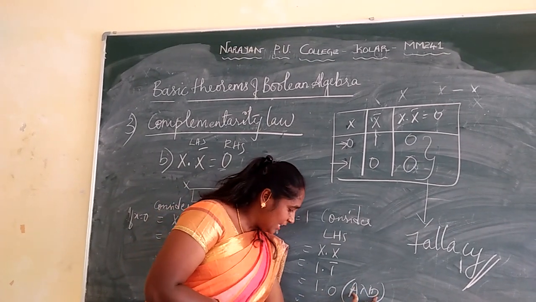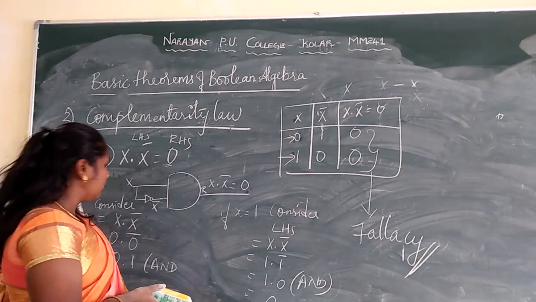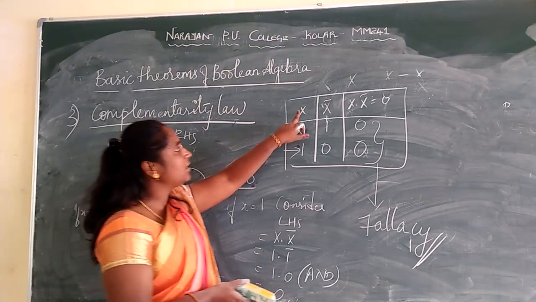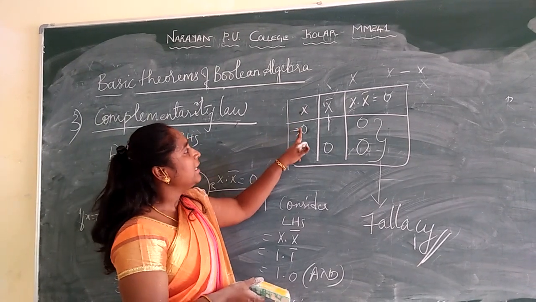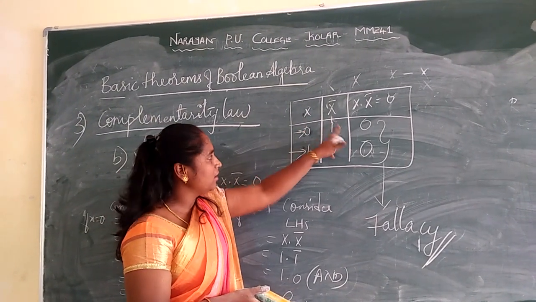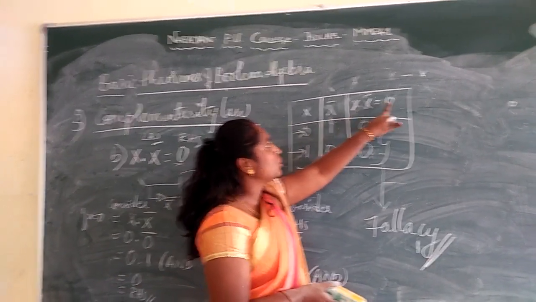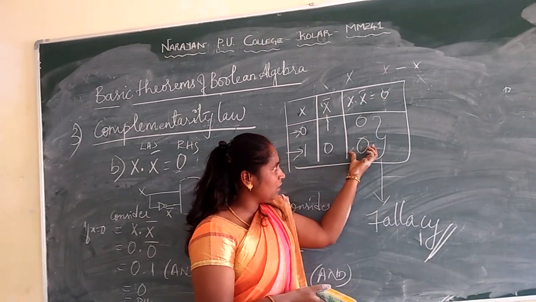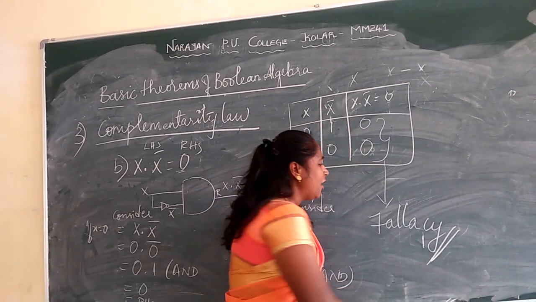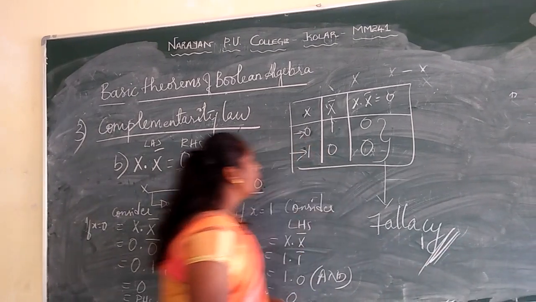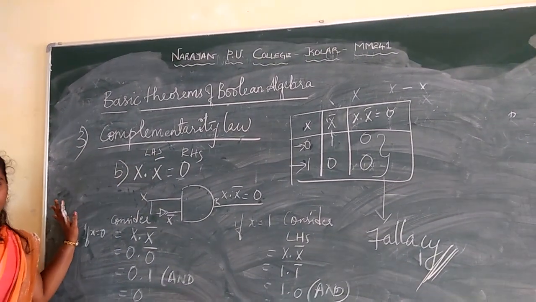According to your AND relation, your RHS is proved. In the truth table for x into x bar, for x you change the values 0 and 1, and for x bar you take the complement: the complement of 0 is 1, and of 1 is 0. x into x bar is equal to 0. Both substituted values give the result 0, so we call this the fallacy. So the complementarity law is proved under two conditions.